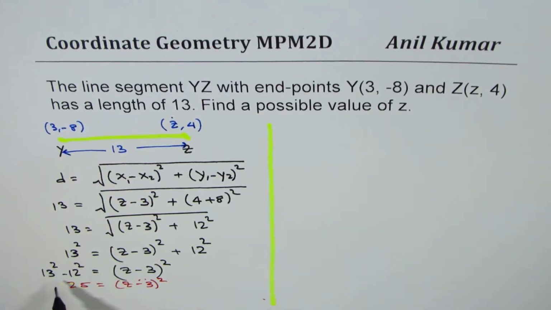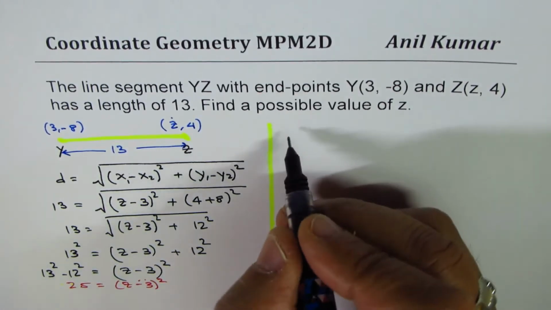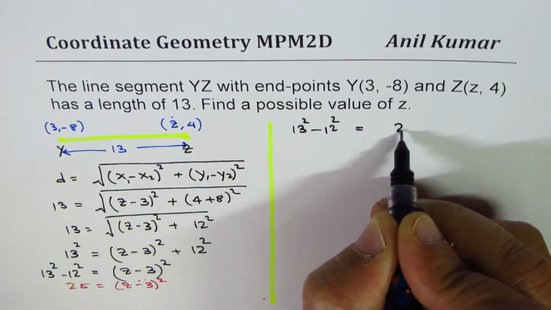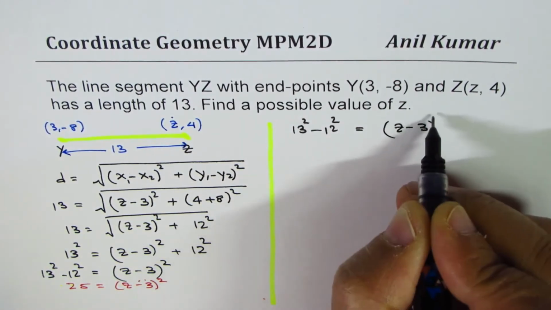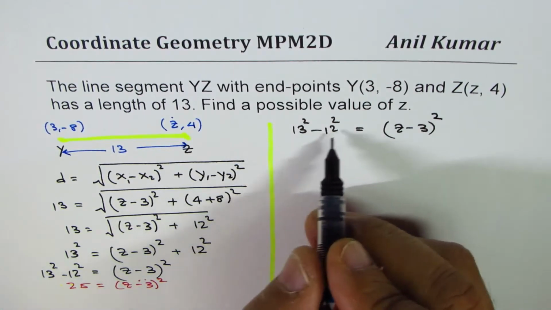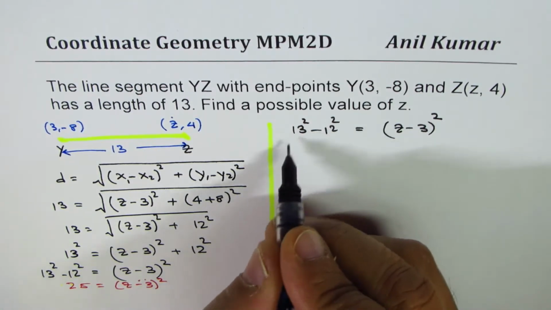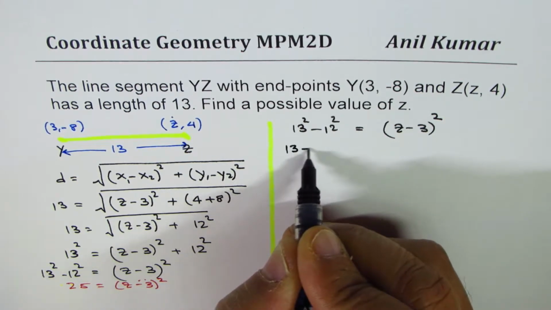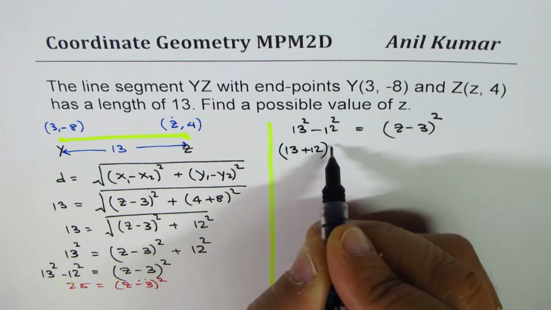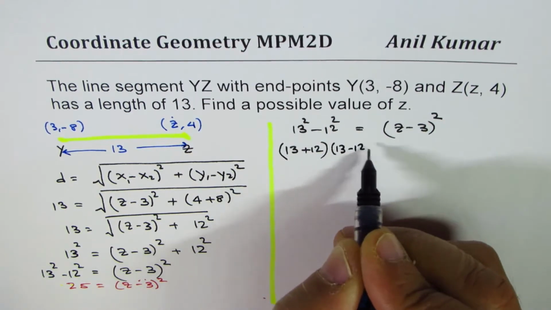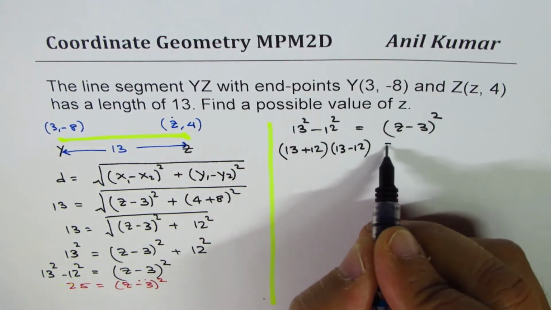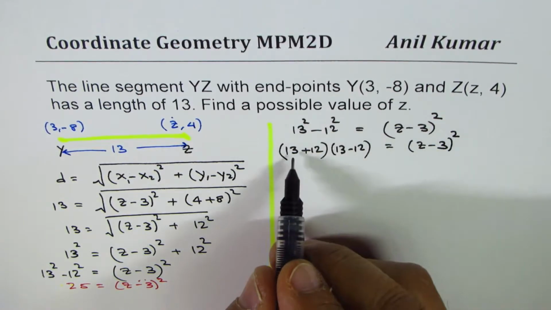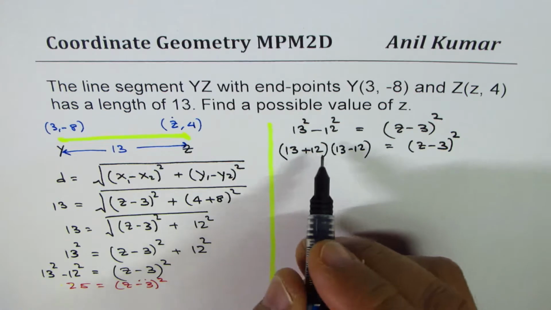However, let me show you another technique of finding this. We have 13 square minus 12 square equals (z minus 3) whole square. If sometimes a calculator is not allowed in the test, we could do this as a difference of squares, right? So we could write this as 13 plus 12 times 13 minus 12. 13 plus 12 is 25, right?